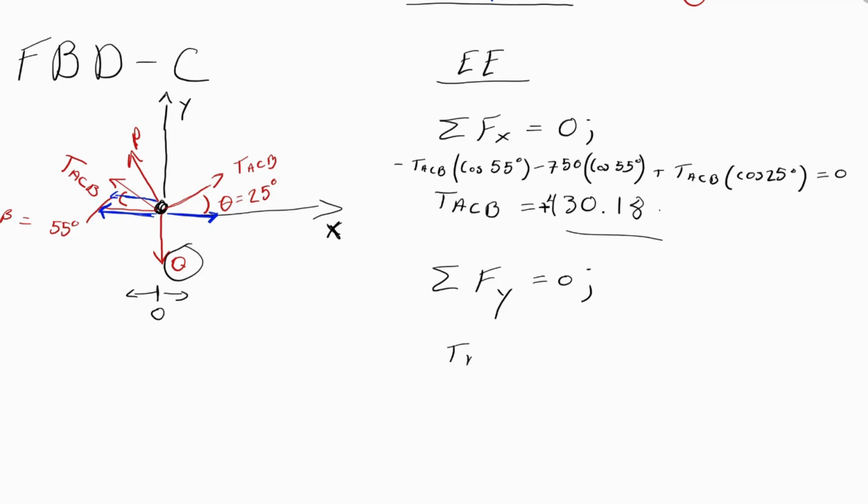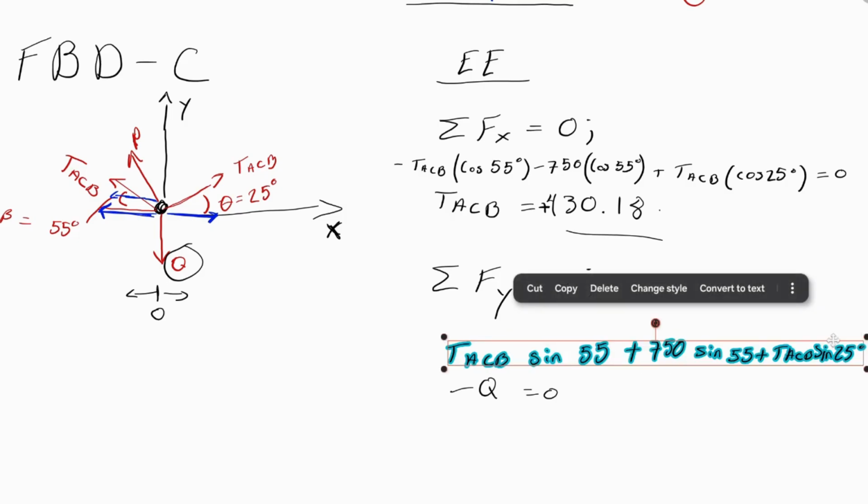So TAC V sine of 55 degrees plus 750 sine of 55 degrees plus TAC V sine of 25 degrees minus Q equals 0.